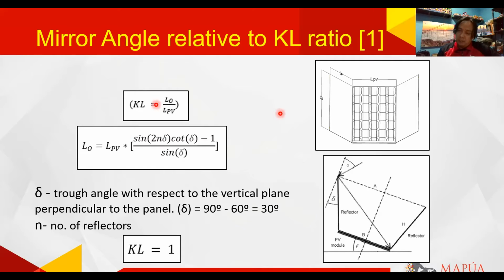It can be 53, it can be 66, but here we decided to use a 60-degree angle to avoid non-uniformity on the panel, and as much as possible without further increasing the size of the reflectors.